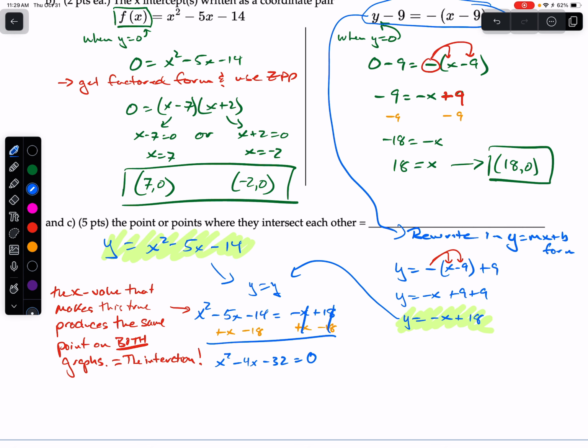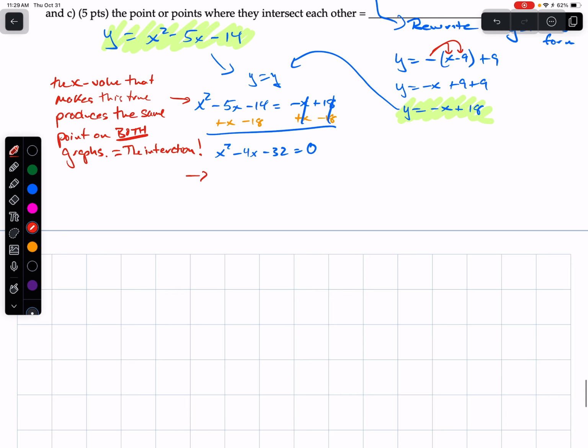So now we're going to get it in factored form and use the ZPP. So we'll have x minus 8, x plus 4 equals 0, which means either x minus 8 equals 0, or x plus 4 equals 0.